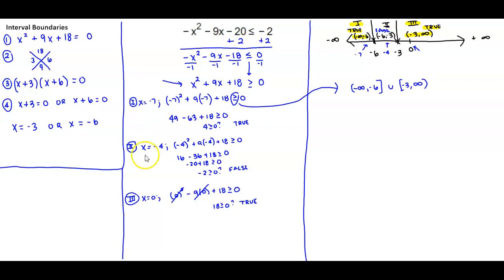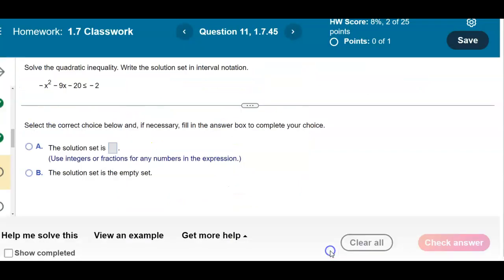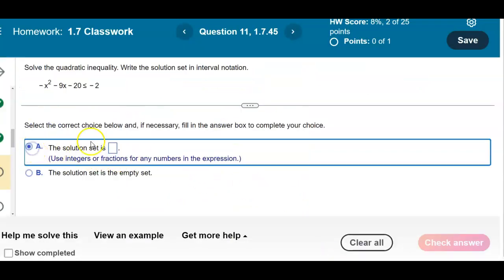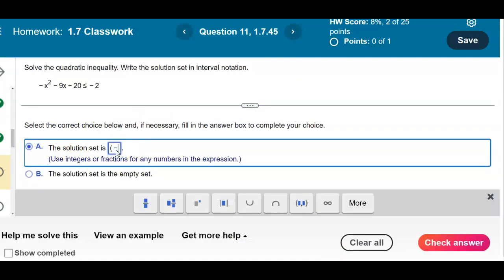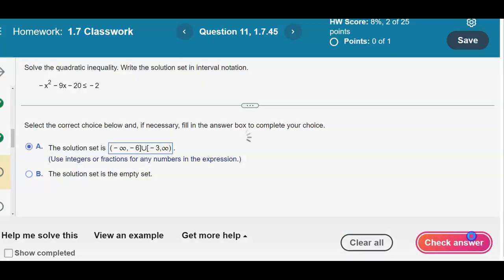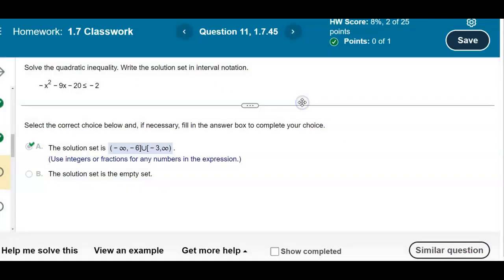So let's put that as our answer. We have parenthesis negative infinity comma negative 6 with a bracket, and then union, we have a bracket at negative 3 comma infinity with a parenthesis. Let's check our answer, and there is our result.